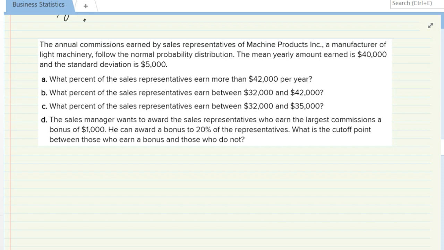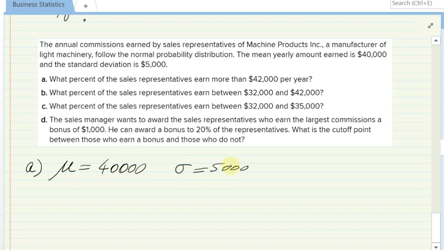The mean yearly amount earned is $40,000 and the deviation is 5,000. Okay, so we're just going to put this information down. The mean, mu, is 40,000 and the deviation is 5,000, which is rather large relative to the mean.